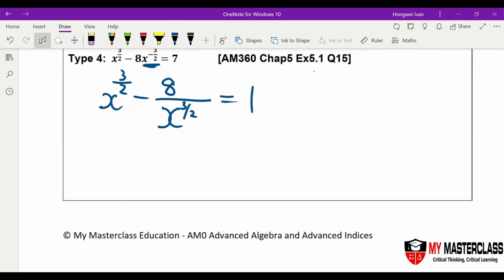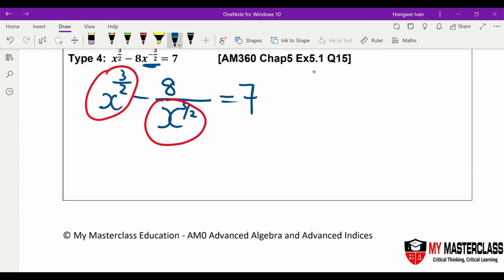Once you see similar things, can you see this one and this one? They are the same thing, right? Once they are the same thing, what can you do? Janice, once they are the same thing, what can you do?